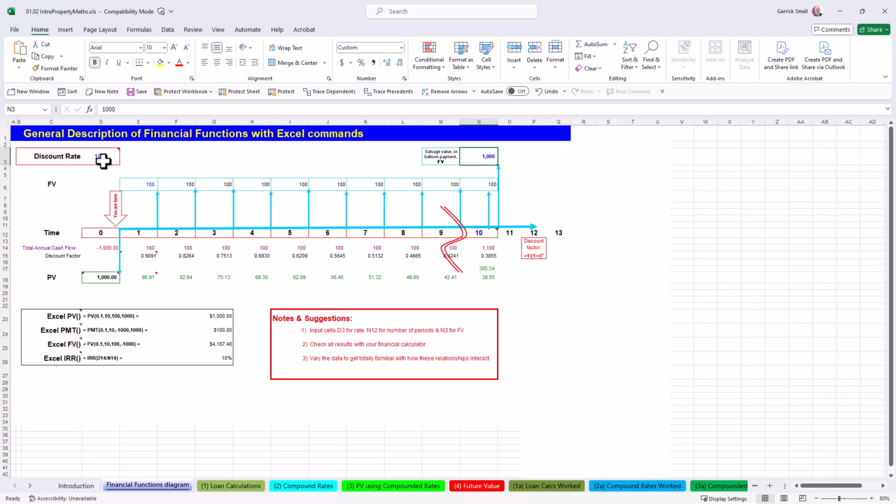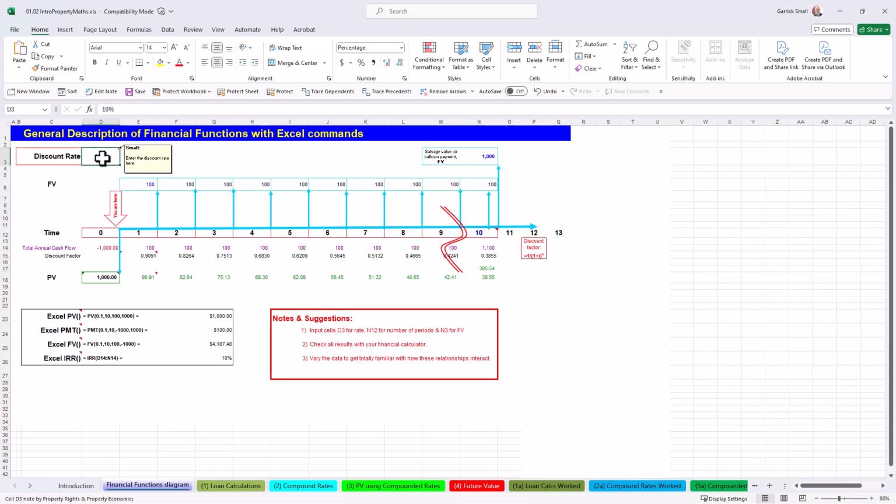What else can we do with this diagram? Well, I said it's dynamic. Okay, currently we're assuming we've bought this property on the assumption that we're going to be getting this series of cash flows, $100 per year at the end of each year, and a sale of $1,000 off in the future somewhere. What happens, however, if the alternative investment is actually higher?